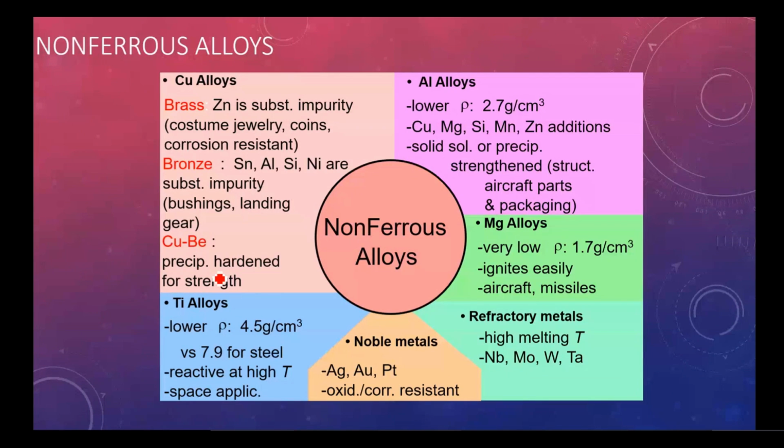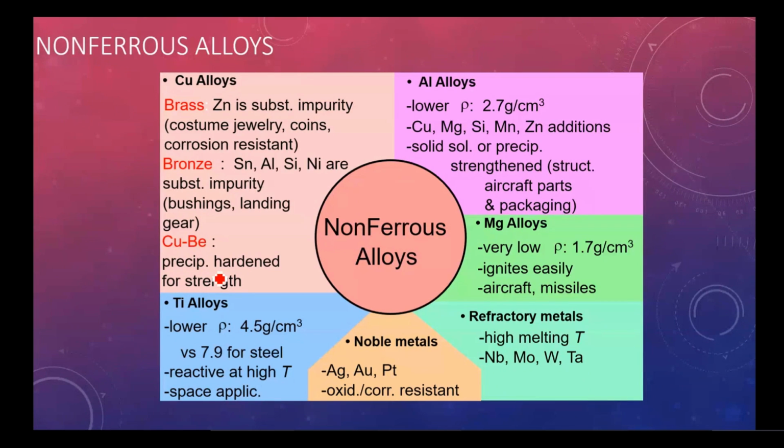The most common is the brass, which is an alloy of copper and zinc, where zinc is basically the low alloying element in it. And the general purpose for brass-based alloys is that it is corrosion resistant.